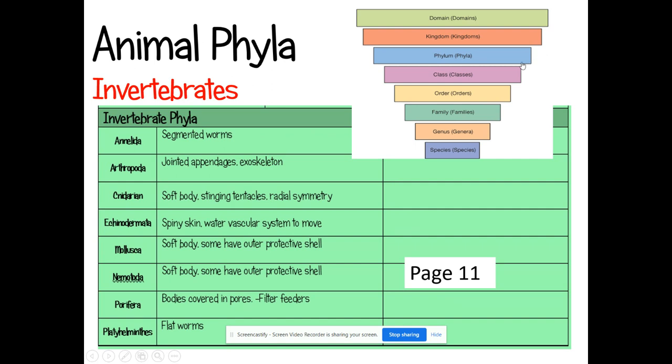And just pay attention when I'm talking in each slide because you're not going to have to write everything down. If you have your green packet, a lot of the things are already recorded for you. So if you're writing something on a piece of paper, stuff this week, we're not going to get too deep into the vocabulary for the different phylums.